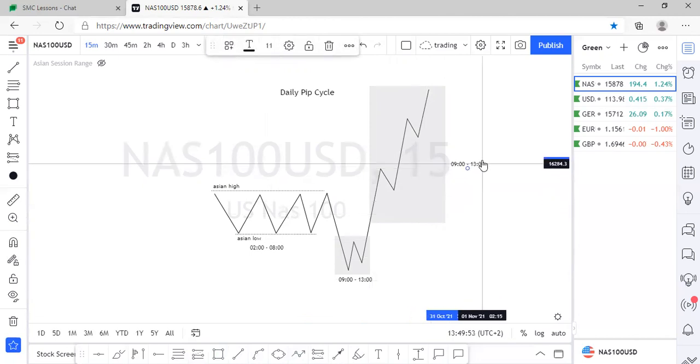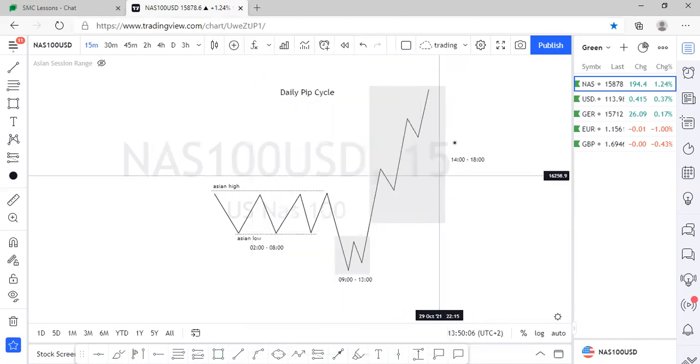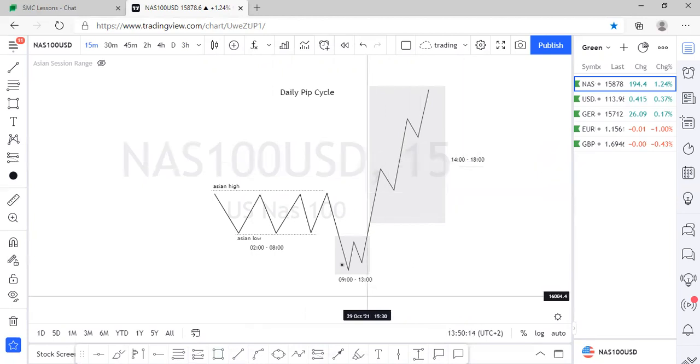So here again, we have the New York session, from 14 o'clock up until 18 o'clock. That's why people manage to kill us with 100 by 15 days or whatever strategy they use, and so on.